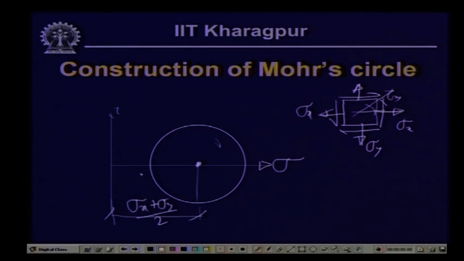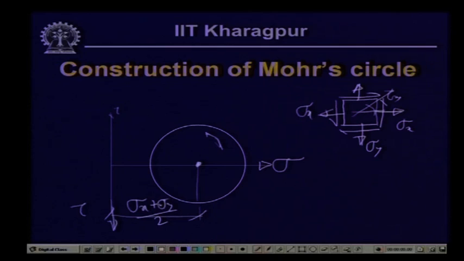Another way is to take sigma in the positive x direction and tau in the opposite direction. In that case, the angle in the Mohr plane will be anticlockwise, which matches the convention of the transformation equation.